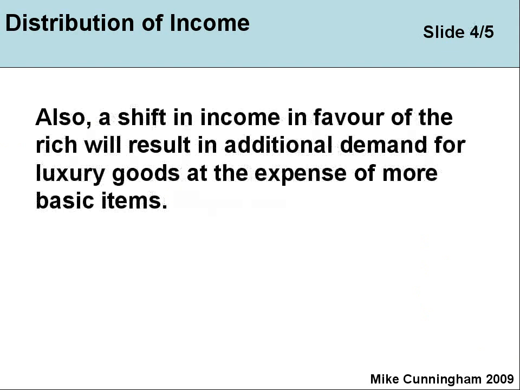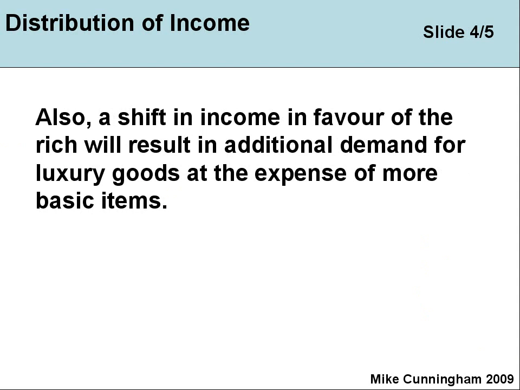Let's say the distribution of income shifted in favour of the rich as opposed to the poor. This means that more luxury items will be purchased at the expense of the more basic items. Poor people tend to spend their money on basic things like food and shelter and energy, whereas the rich tend to buy those things but also buy luxury items.